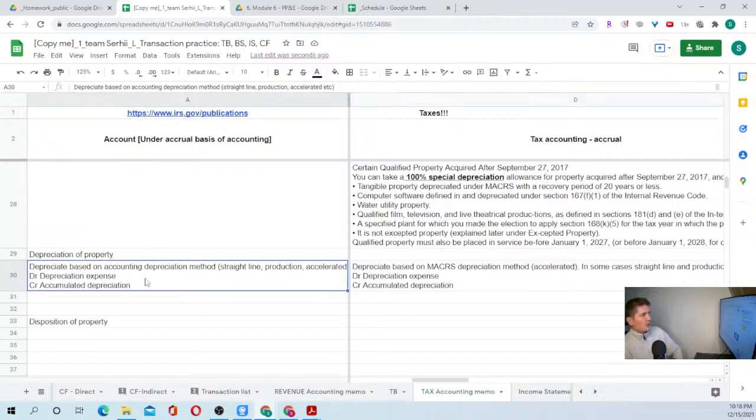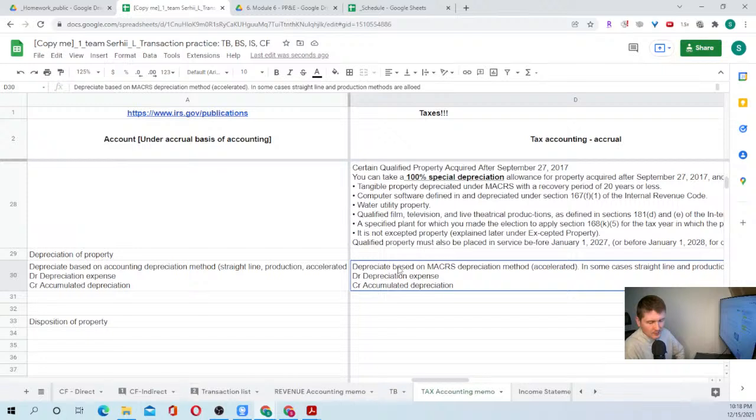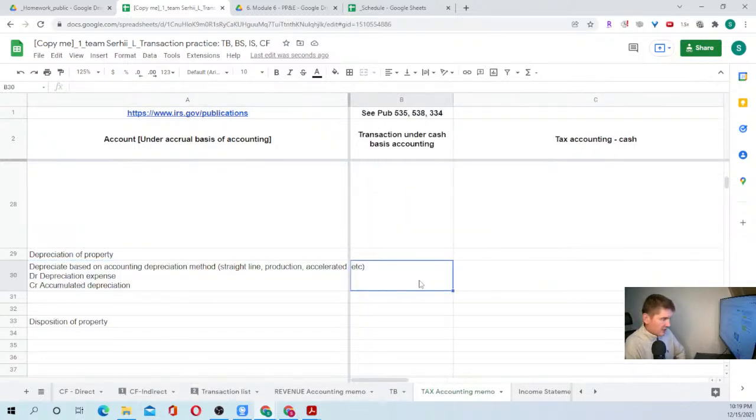In accounting, you have not one type, but a few types of depreciation: straight line, accelerated, production method. In taxes, you will use MACRS most of the time, but also you will be able to use the production method in certain situations, or the straight line method for things like intangibles. So that's pretty much all tax and accounting differences.